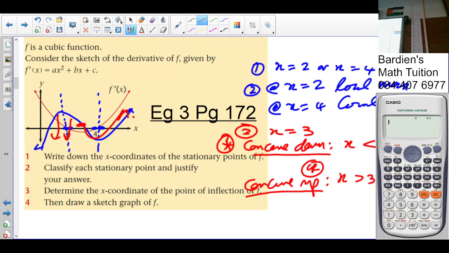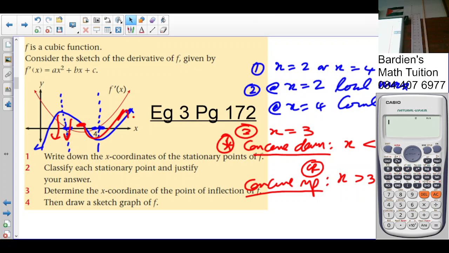So if f double prime of 2, at this point here, the graph is concave down at x equal to 2, therefore the stationary point has a local maximum. That's another way of laying it out.